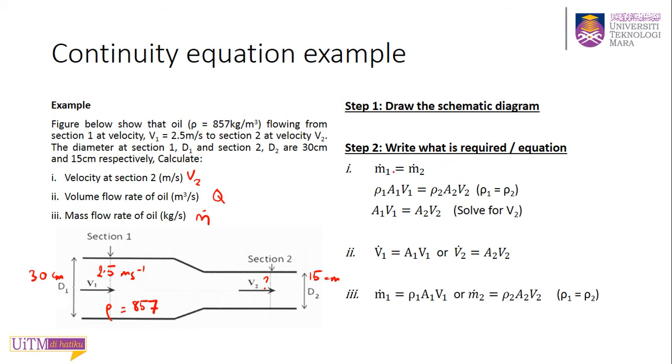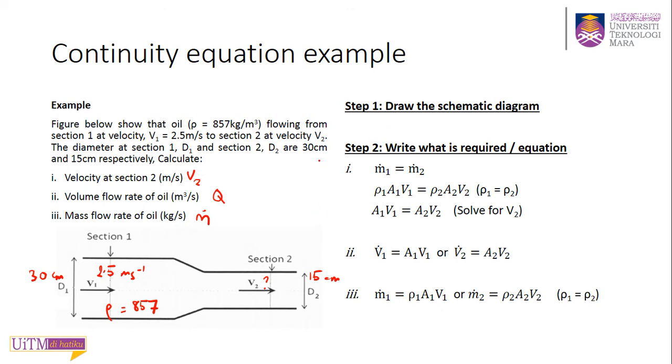So you have your mass flow rate. They want you to find the mass flow rate. So the mass flow rate at 1 must be equal to the mass flow rate at 2. This can be written as rho 1 times area 1 times velocity 1 is equal to rho 2 times area 2 times velocity 2.